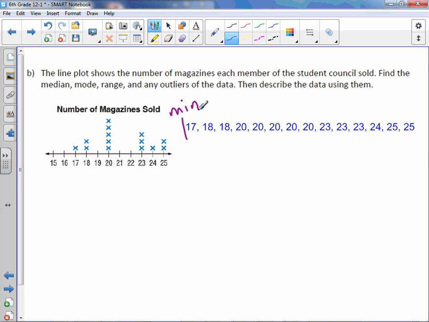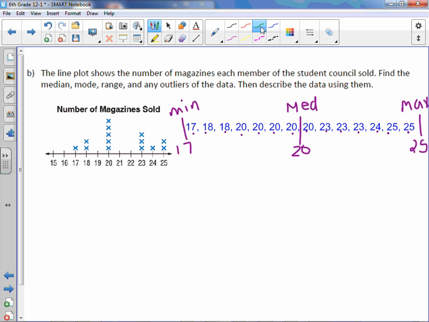The minimum is 17. The maximum is 25. Let's go ahead and find the median. Looks like it's in between the two 20s. Add them up, divide by 2, we get 20.